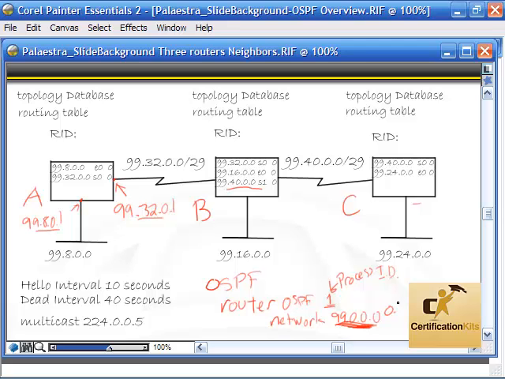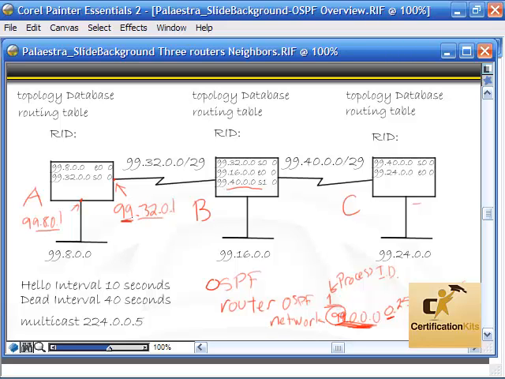By having a wildcard mask of 0.255.255.255, what that means is when it compares, it says, okay, 0 means the IP address on the interface I'm comparing with must match what's in the first octet of this statement, which is 99.